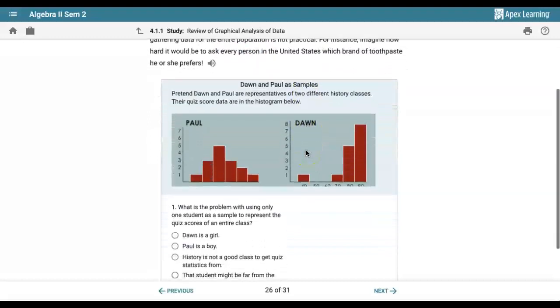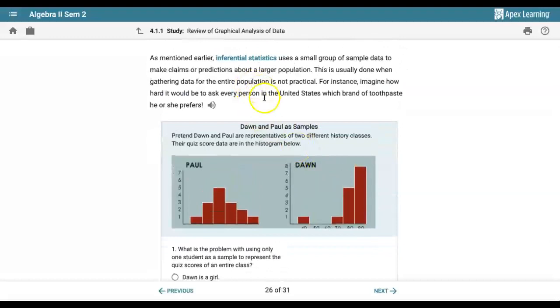Okay, so if we look at this entire thing here, we were talking about inferential statistics. Inferential statistics uses a small group of sample data in order to make a claim or prediction about something larger, something in the future. This is usually done when gathering data for the entire population is not practical.